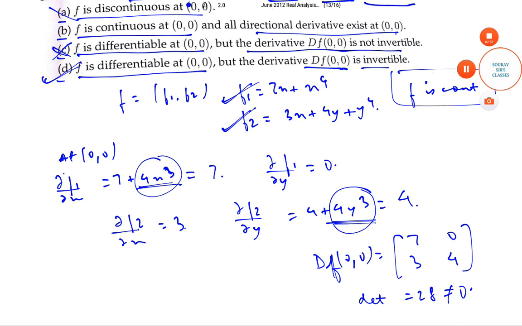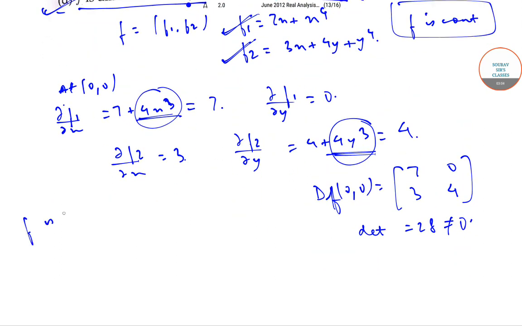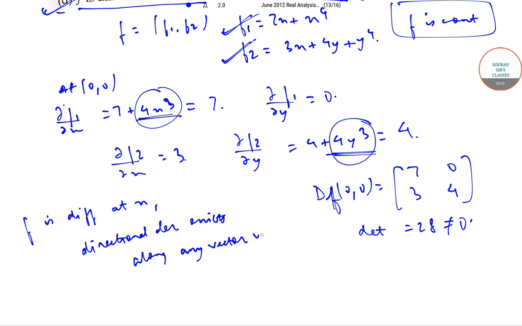And we also know that if a function f is differentiable at x, then the directional derivative exists along any vector v.